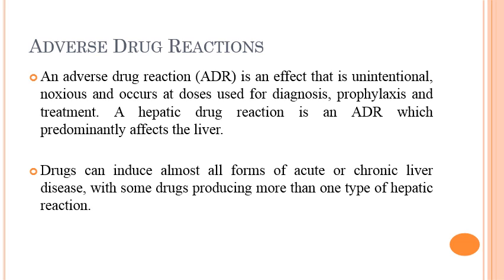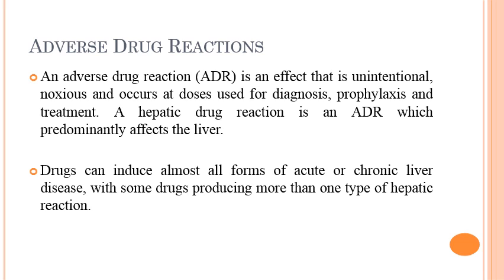The drug-induced diseases of the liver are basically the adverse reactions of drugs on the liver, and different drugs will produce different kinds of effects on the liver. Some may produce acute effects or acute diseases, while others will cause chronic liver diseases.